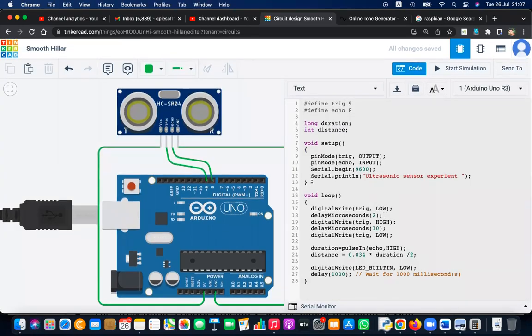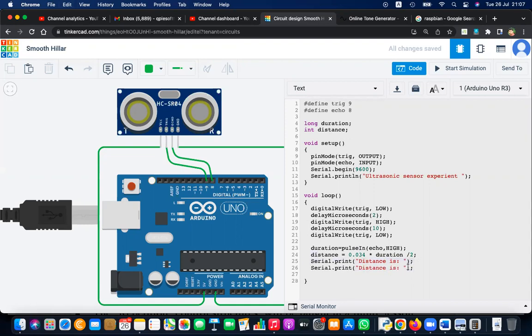So let's print that finally. You can use the serial monitor to print that. This part is not needed. With the serial monitor, you can use the print statement and then say distance is, then add another Serial.print.